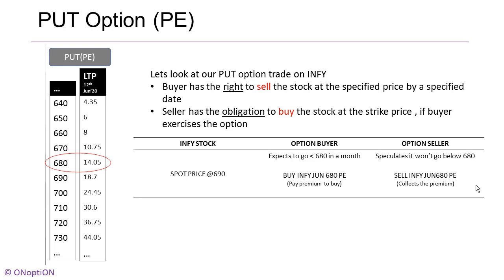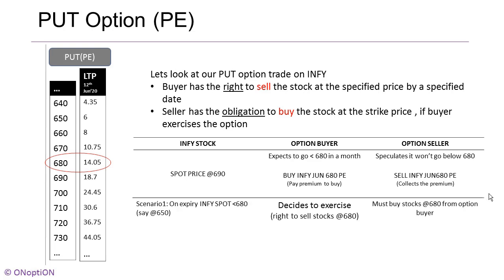Now let's see two different scenarios on the expiry date. On expiry day, INFY is trading around 650 rupees. That is as per the option buyer's expectation, so he decides to exercise his contract. He has the right to sell the underlying Infosys stocks at 680 rupees, even though INFY is currently trading at 650. The option buyer gains.